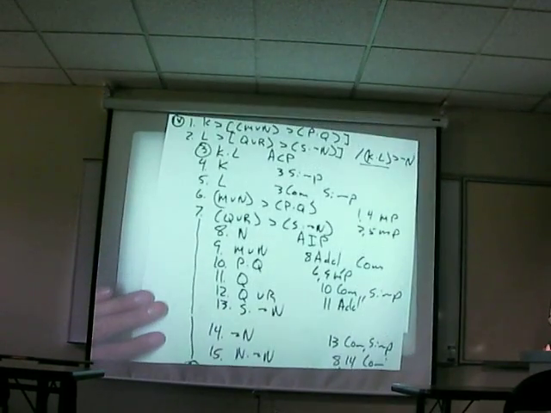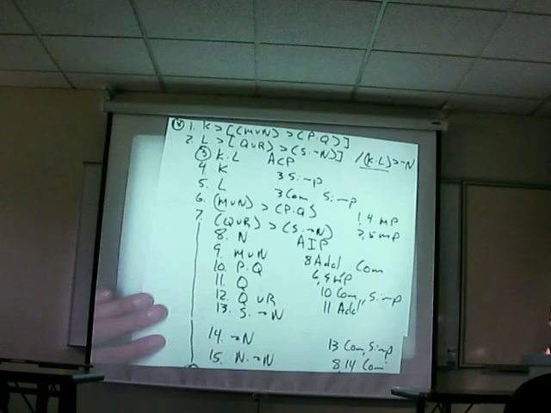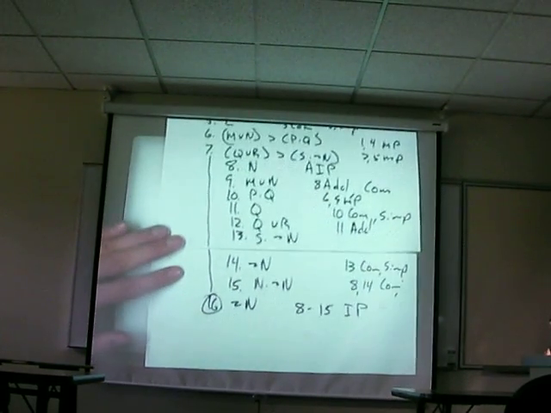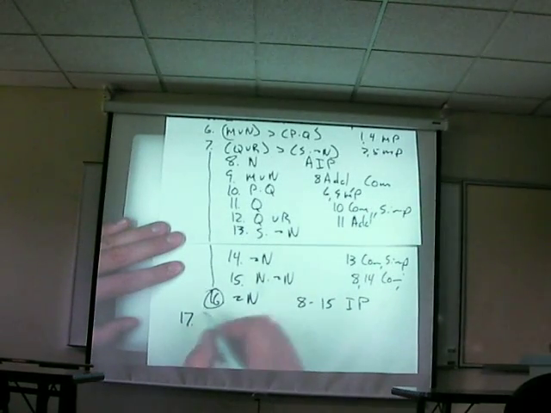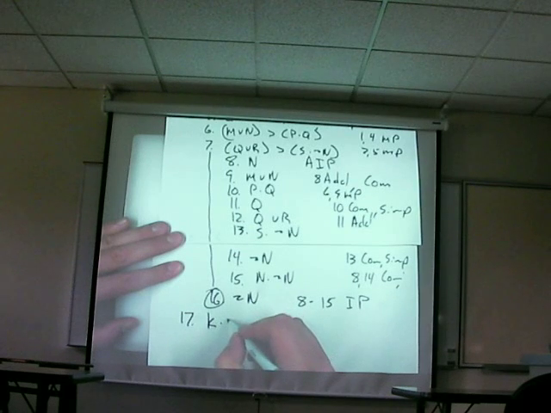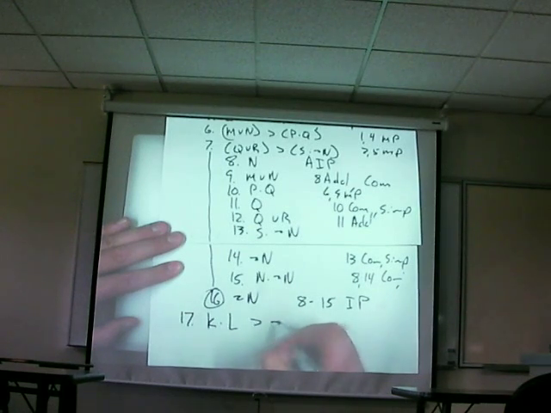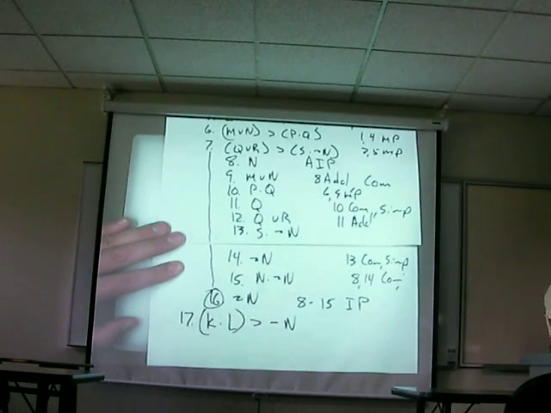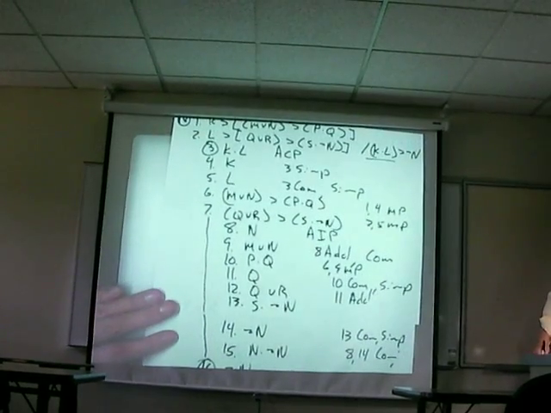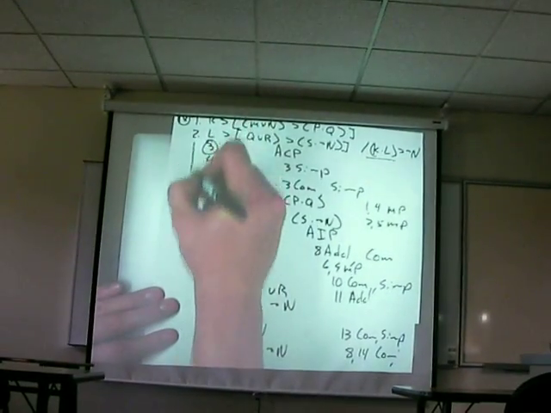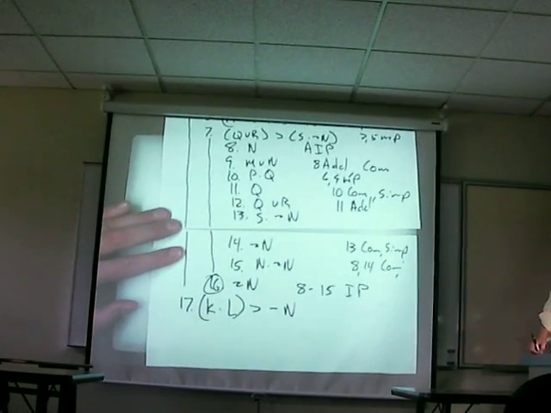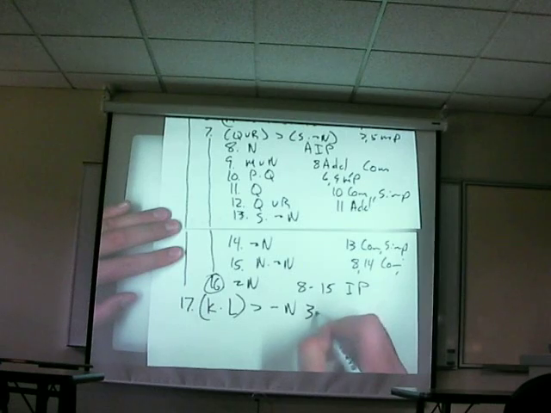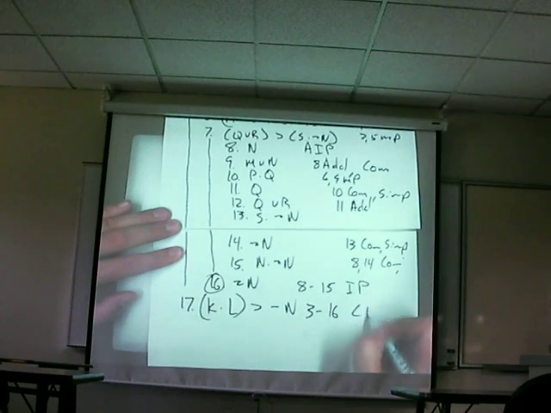So again, if we can keep track of all this, really a long proof, took 2 sheets of paper, joining together 3 and 16 via a horseshoe for line 17, unindent again, discharging our conditional proof, and we get exactly what we wanted, K and L, horseshoe not N, and the justification consists of all of those lines, all the way back to 3, down to line number 17, 3 through 16, conditional proof.